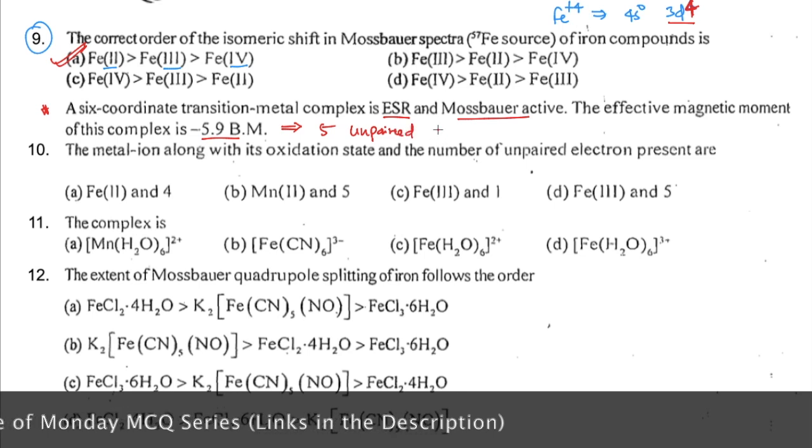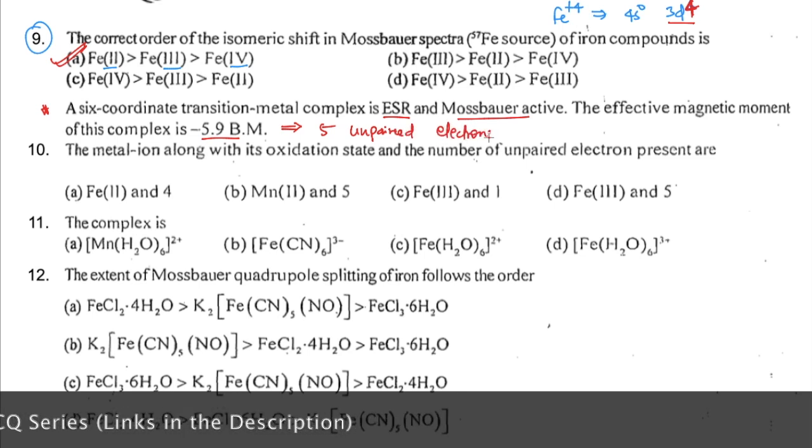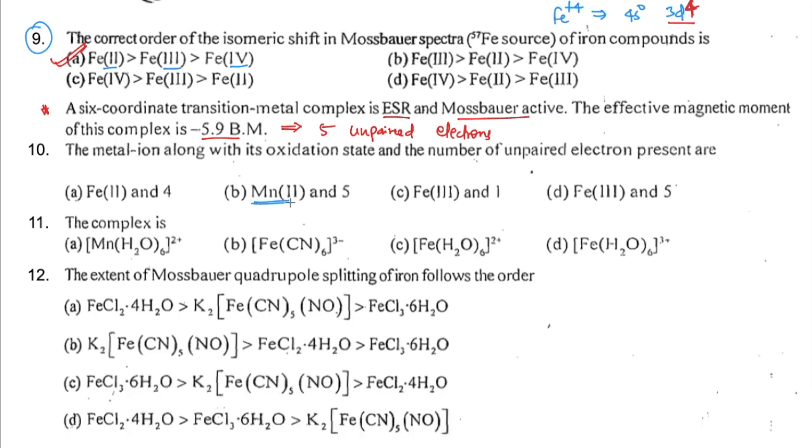Now in the options, manganese +2 also has 5 unpaired electrons, and iron +3 also has 5 unpaired electrons, and both of them will be ESR active, because both of them contain unpaired electrons.